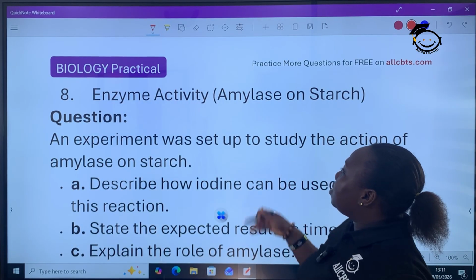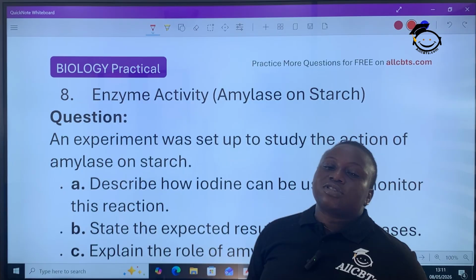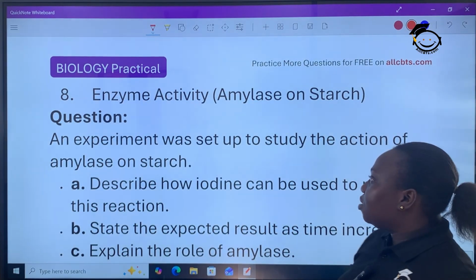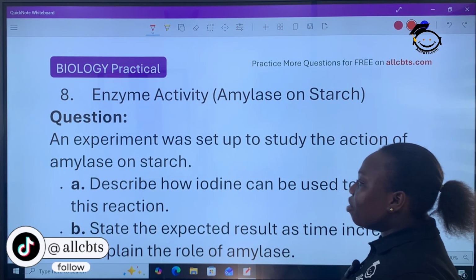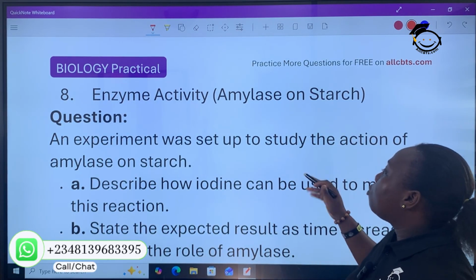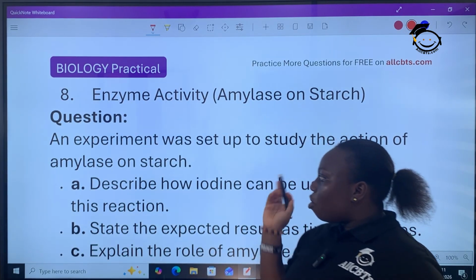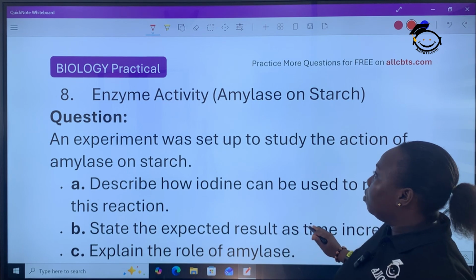Number 8, enzyme activity. Now we're talking about enzymes, and how enzymes affect an experiment. For example, this question: an experiment was set up to study the action of amylase on starch.